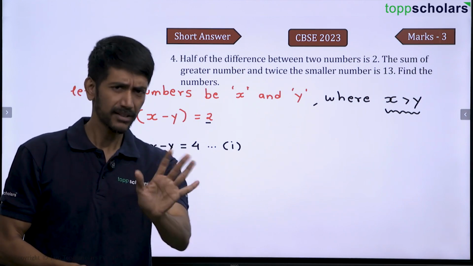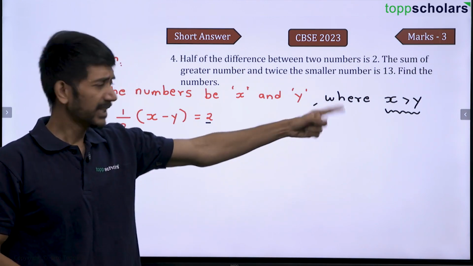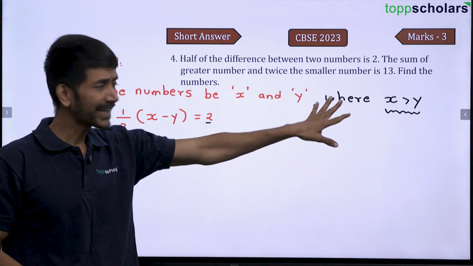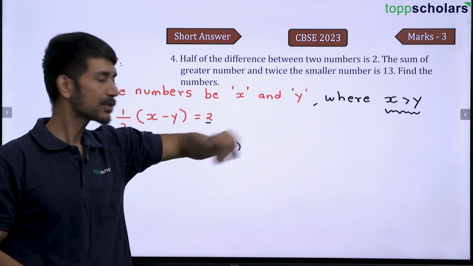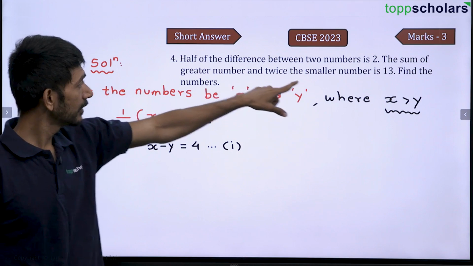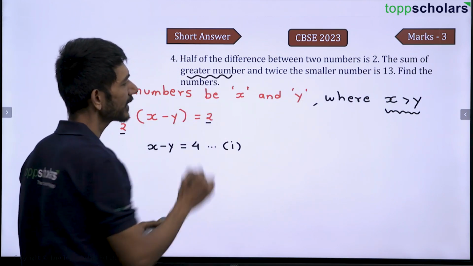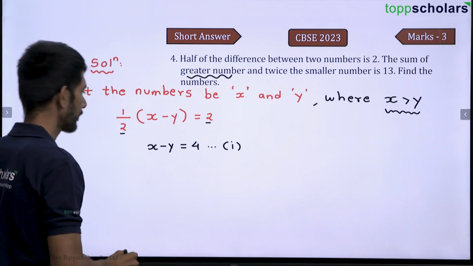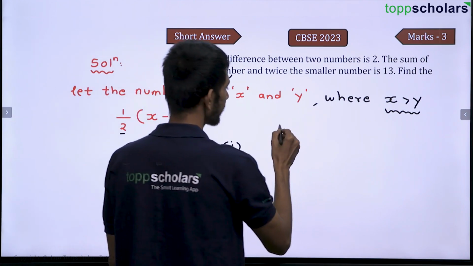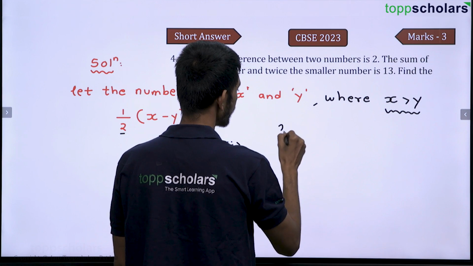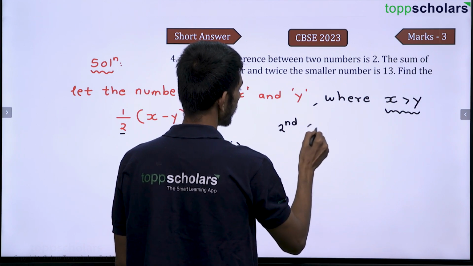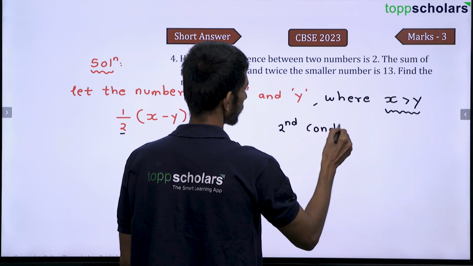You are going to get the same answer. Doesn't matter. Either take x greater than y or take y greater than x and then solve for the second equation now. So the second equation says the sum of greater number. What is the greater number? Greater number is x. So I'm talking about the second condition, right?